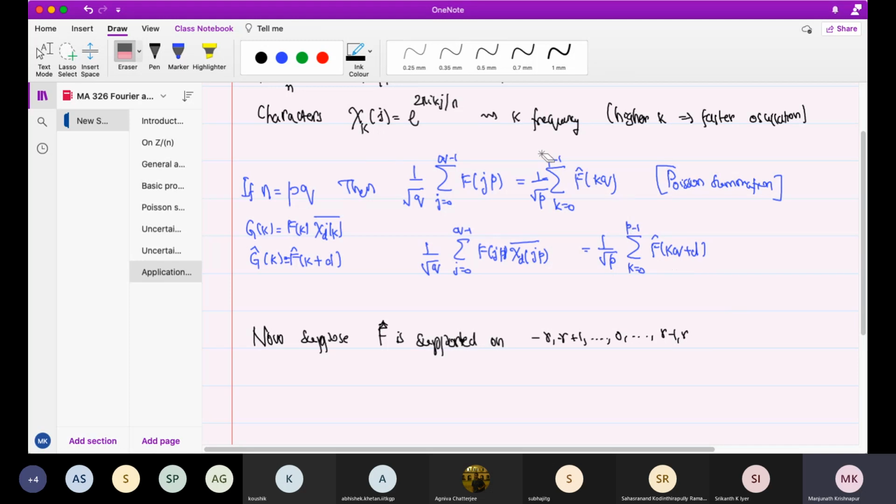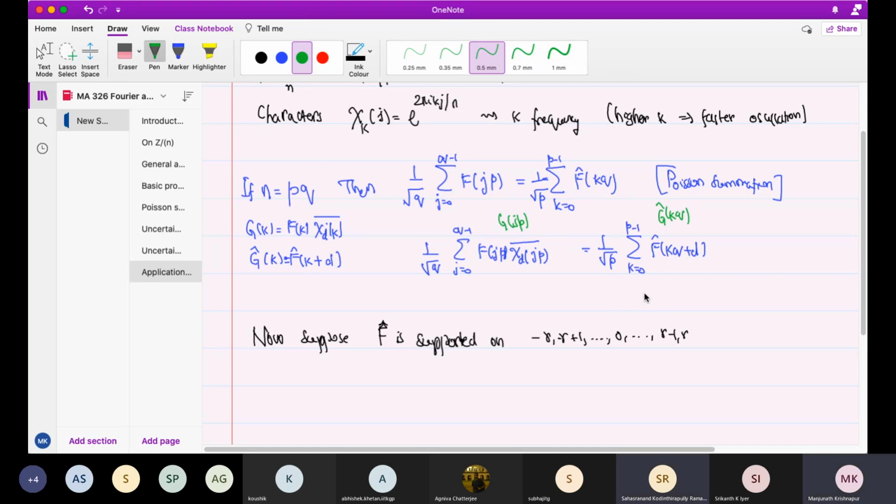So this is g hat of kq. So what I want here is g hat of kq. And here I want g of jp. This is g of jp, this is g hat of jq. Isn't that right? Yeah. Thanks.